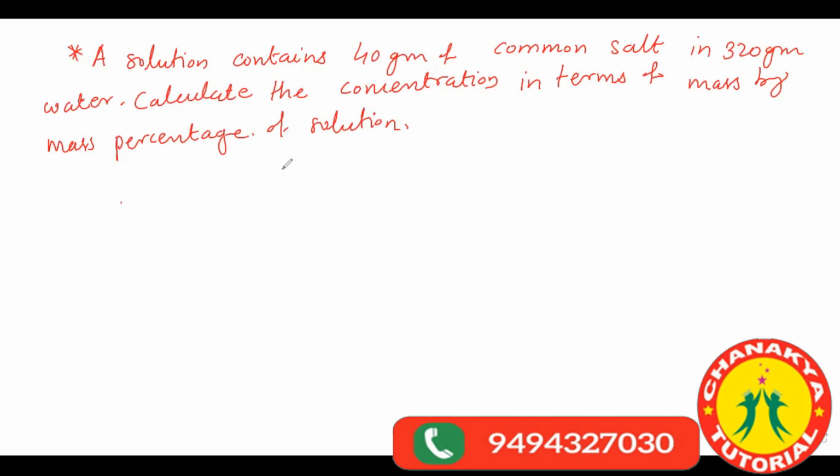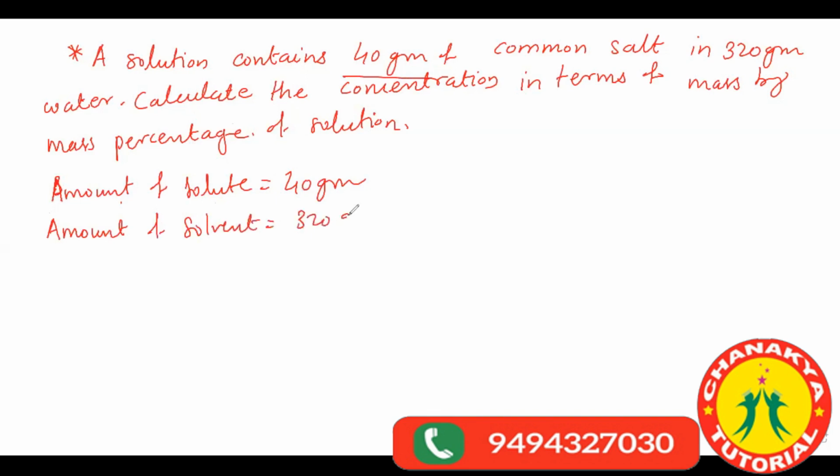So for mass by mass percentage of concentration, write down: amount of solute is 40 grams. Amount of solvent is 320 grams, that is water. The solution is not given to you, but in your formula you have to use the solution.